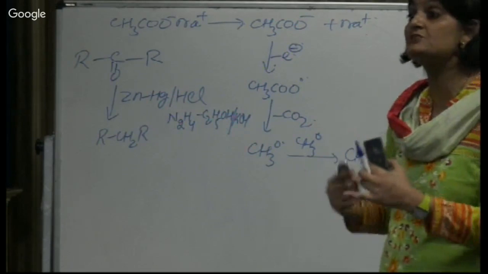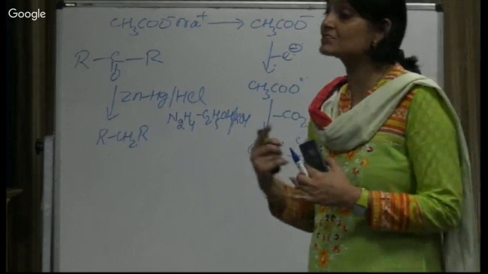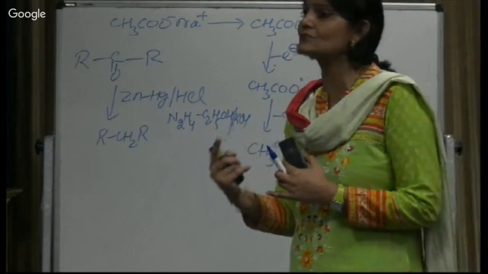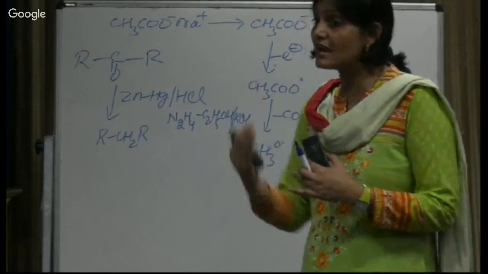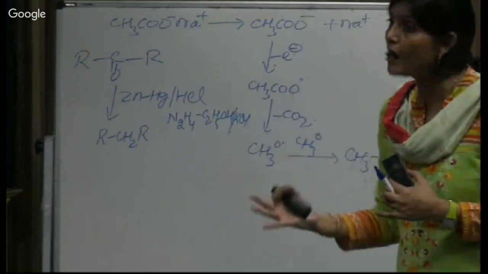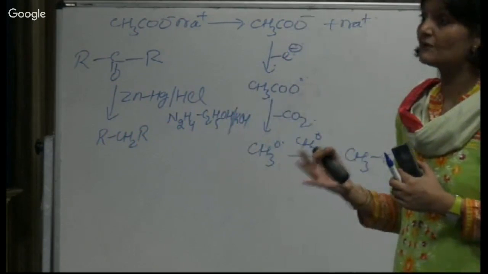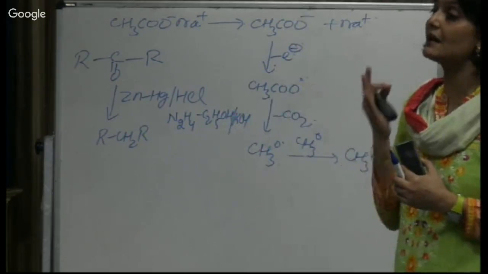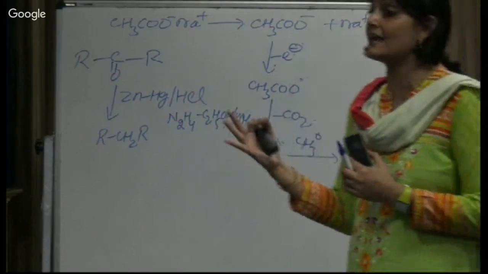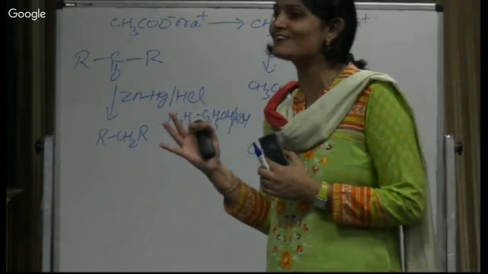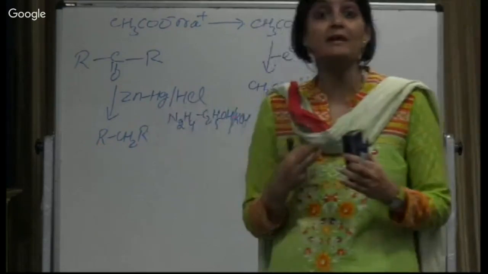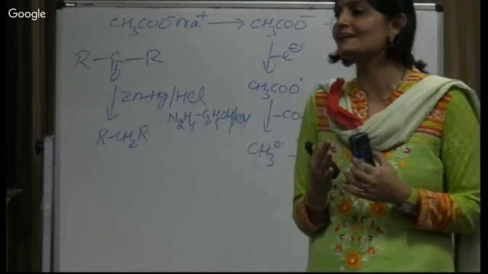So there's a substitution taking place. But the reaction does not stop at the mono substitution stage. It is a chain reaction. It will go on to give you a poly substituted product. So if you're thinking of converting alkanes to alkyl halides as a method of preparation, it is not a very good method because you will get a mixture of products.